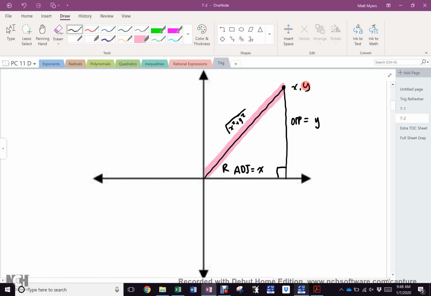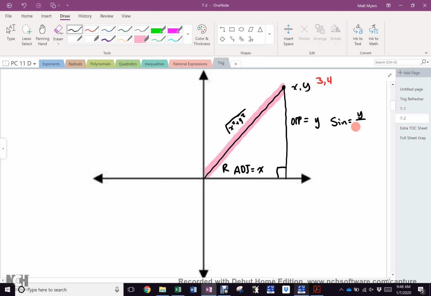if I tell you this point is 3, 4, do you automatically know sine, cosine, tan? What is the sine of r? Well, we know it's opposite over hypotenuse, yes. But opposite is y, and hypotenuse is what?